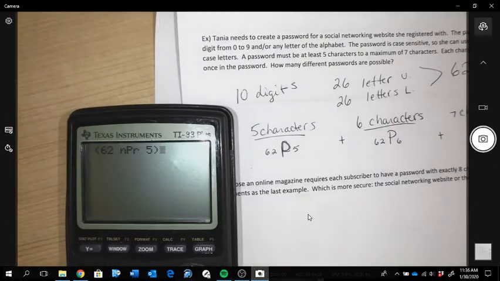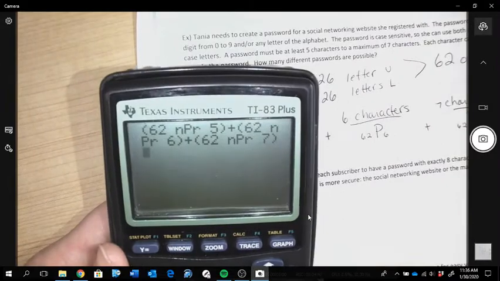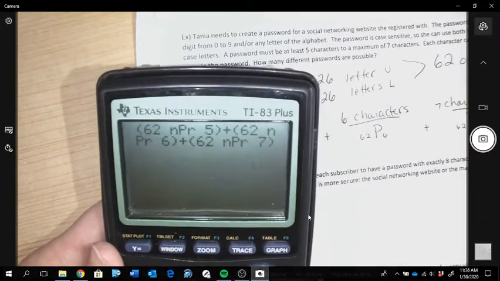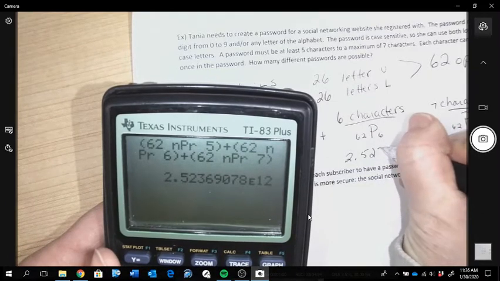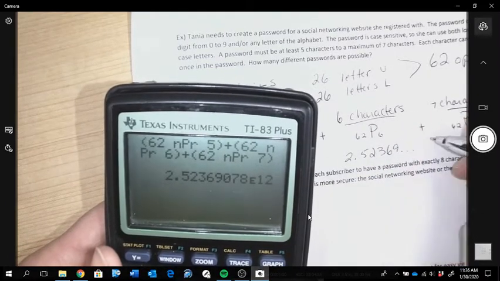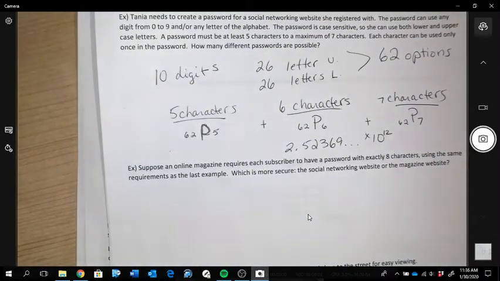So there's that one, plus 62 probability P6 plus 62 P7. This calculator is a little bit longer to do this typing. Okay. So that should give me my answer, 2.52369 times 10 to the 12th. It's a very, very large number.